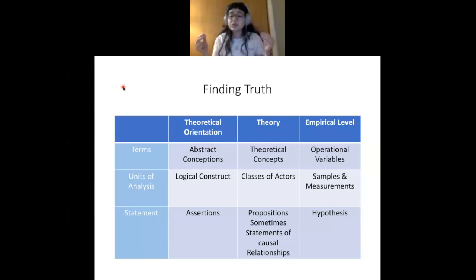Whereas at the empirical level, we're trying to have variables that represent those large actors. So like the individuals in the community, how do we measure those people? That's what we're trying to get closer to the truth. And we measure samples and whatnot, and we have hypotheses, and they're framed and connected to these theories, but they're in the real world.